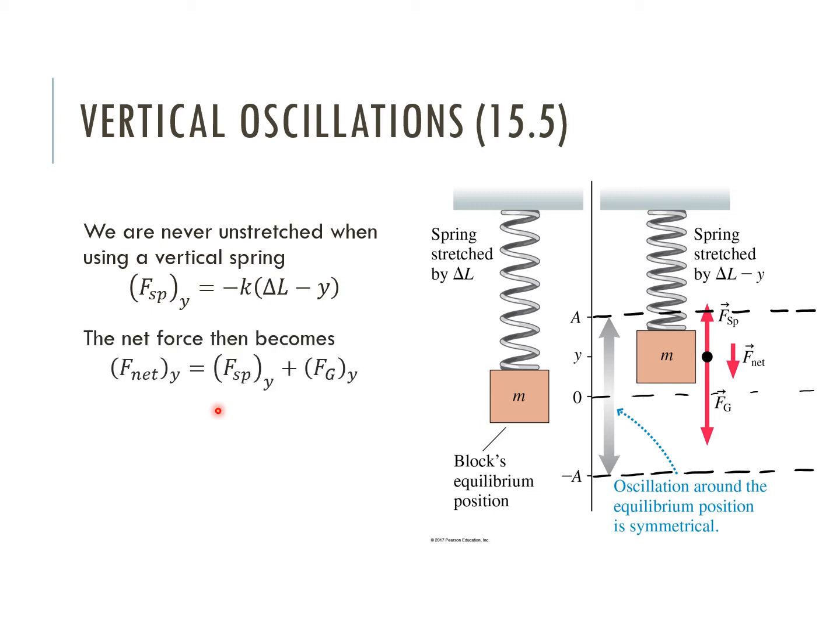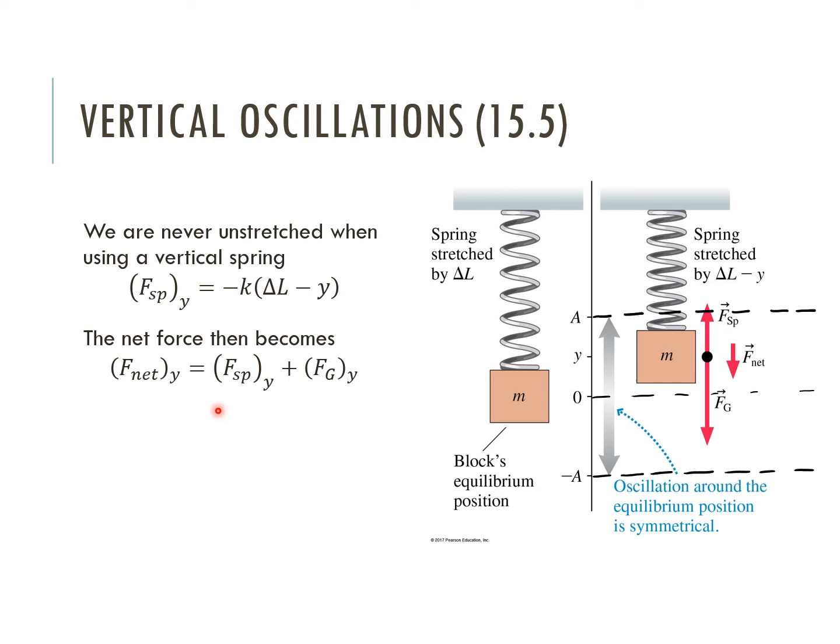Now that we have an equation for our spring force, we can use that when calculating the net force. So here our net force is going to be mass times acceleration, because we have a non-zero value for acceleration when our object is not at equilibrium.